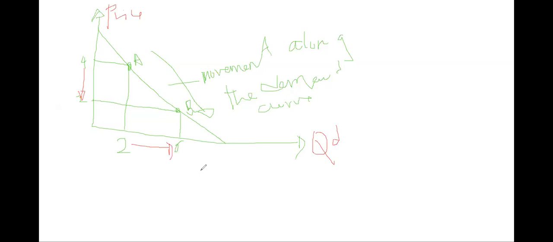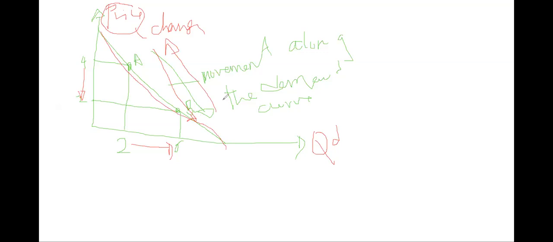So when we talk about movement along the demand curve, it's solely caused by what? Price. It's only caused by change in price. So change in price causes movement along the demand curve. And it could be from A to B or even B to A. So we are moving on the same demand curve.